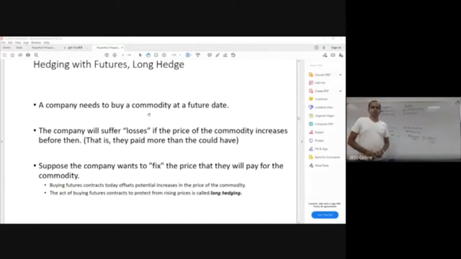Companies suffer losses if the price of the commodity increases. So it means you need to buy a futures contract, which benefits you if the price goes up, meaning you need to go long. Suppose the company wants to fix the price that they will pay for the commodity. Buying futures contracts today offsets a potential increase in the price of the commodity. The act of buying futures contracts to protect them is called long hedging.